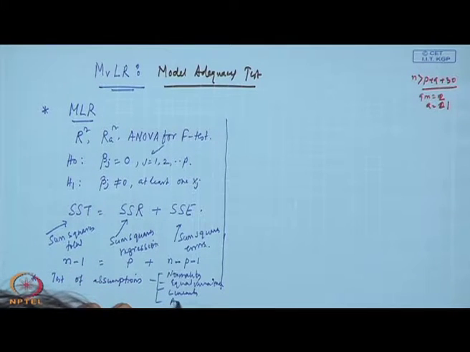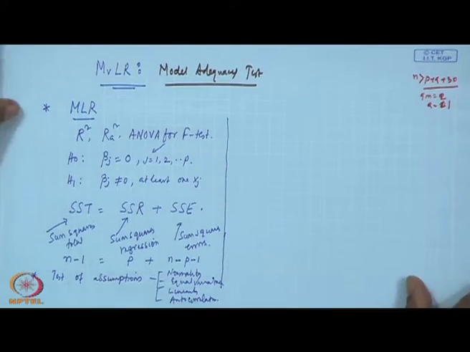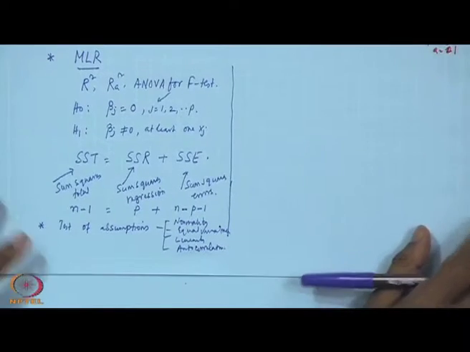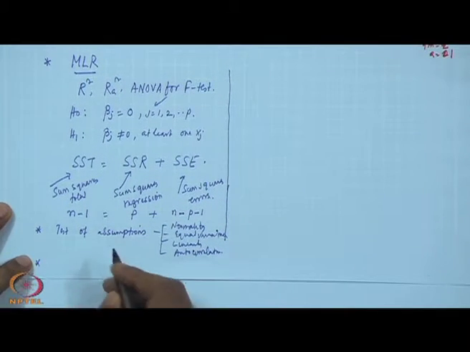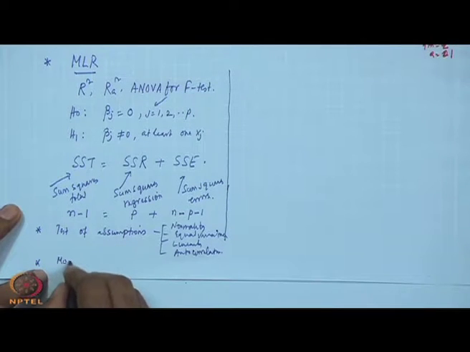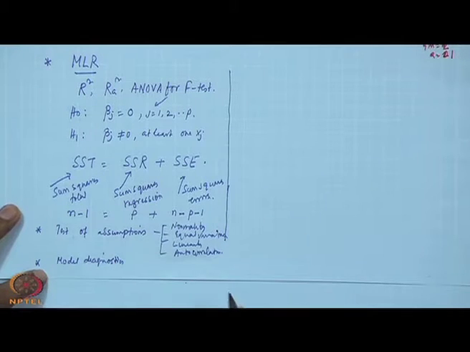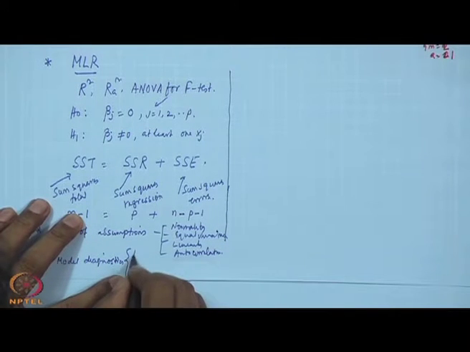We have also tested for autocorrelated errors, the autocorrelation test. You can remember this. In addition, we also have done something called model diagnostics, that is basically coming under residual plots.